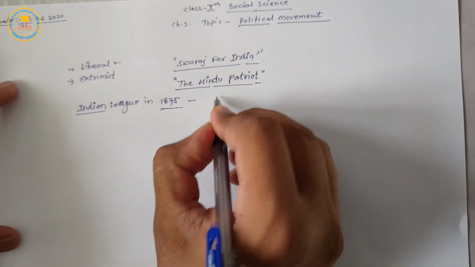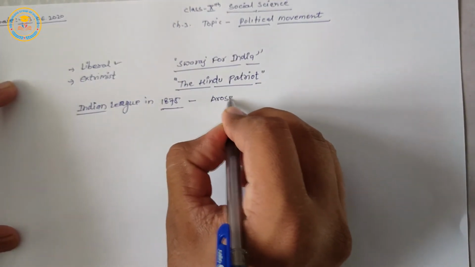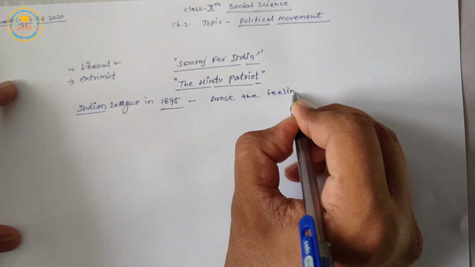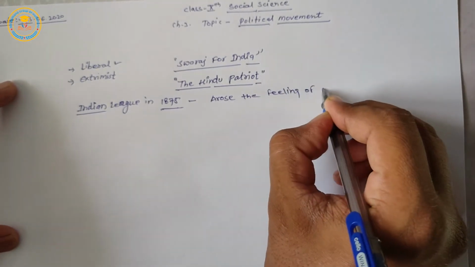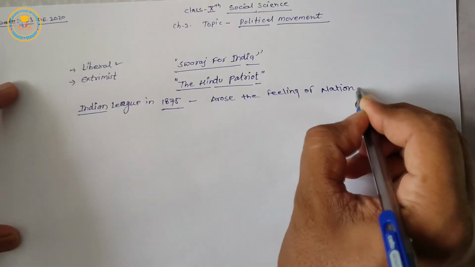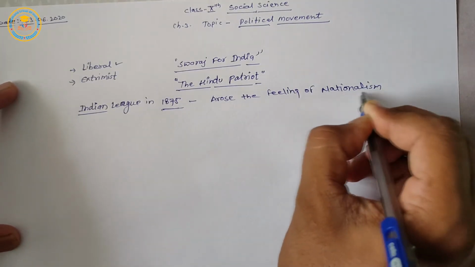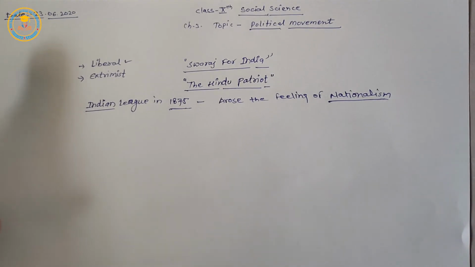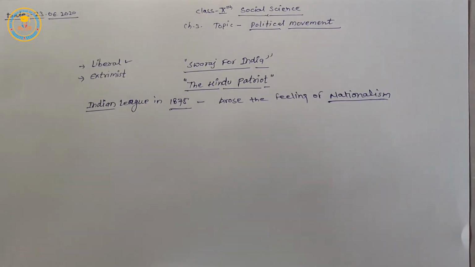Main purpose was to arouse the feeling of nationalism. Nationalism is such a feeling in which a person is loyal toward his nation, and this is called nationalism, and political consciousness in India.